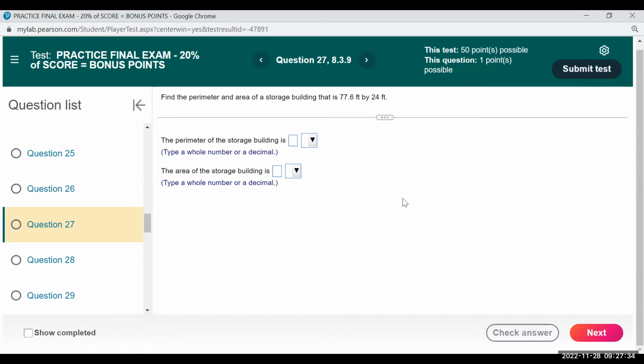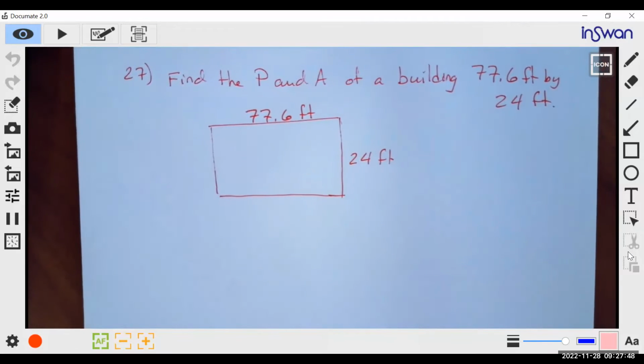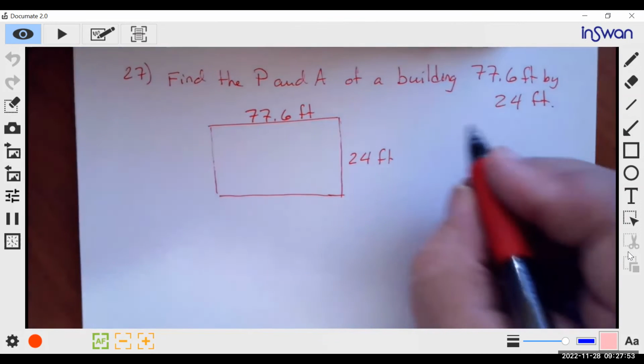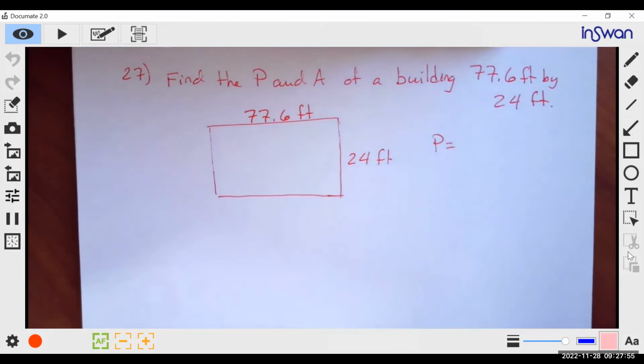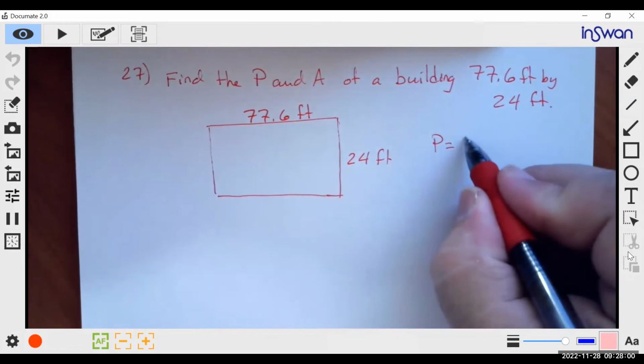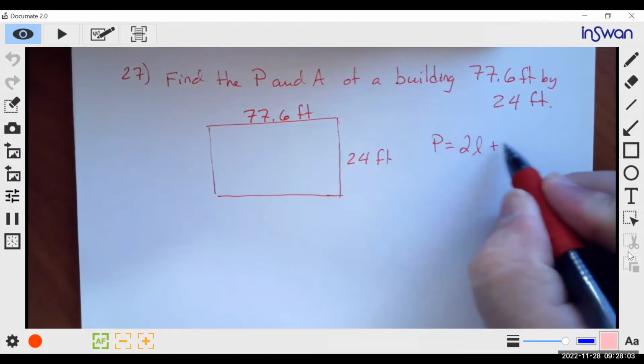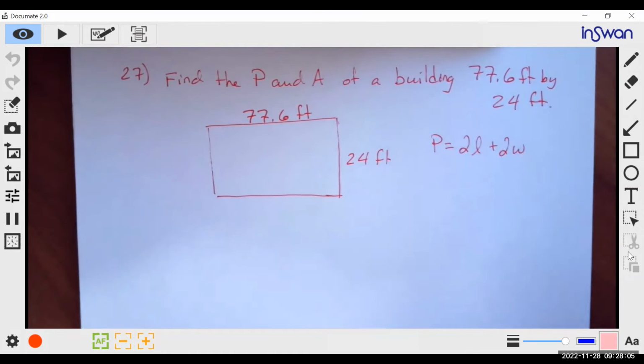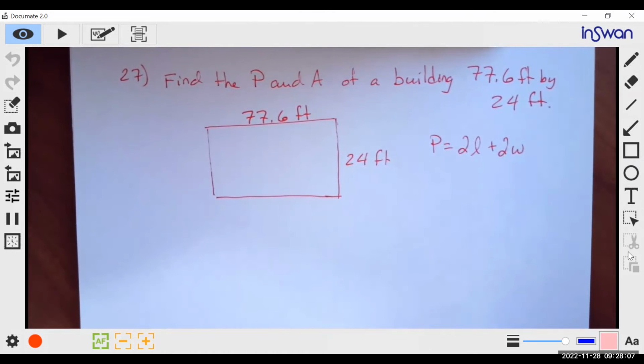This is 77.6 feet. What's the formula for perimeter of a rectangle building? Yeah, it's 2 length, or basically just add up all the sides, right?